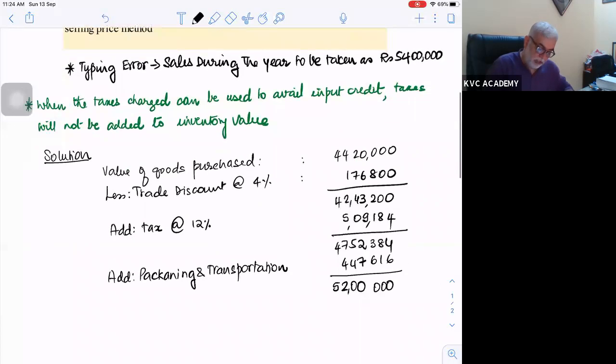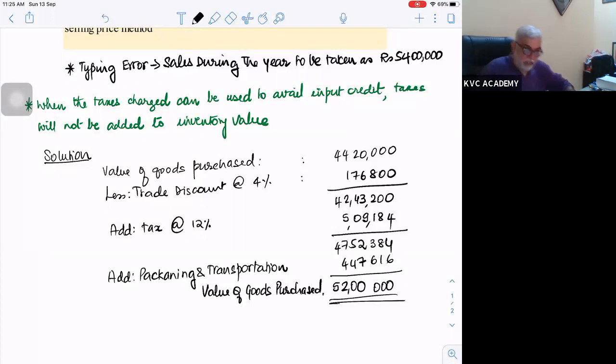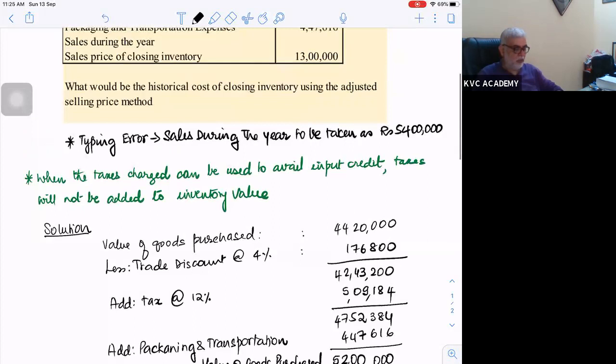So this is the value of goods purchased. The question is, what is the cost price of the goods unsold? The selling price is given to you. I want to know what is the cost price of the goods unsold.